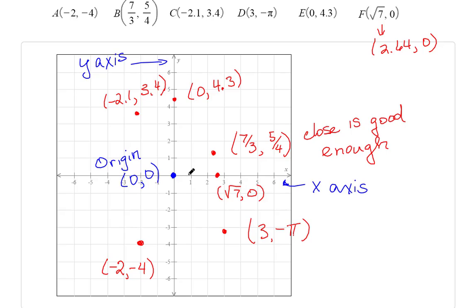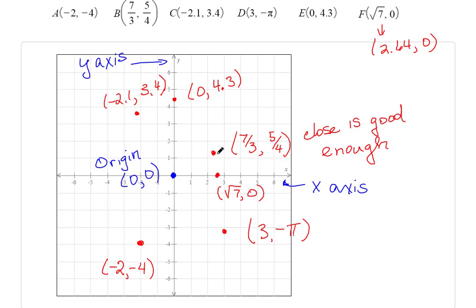So 1, 2, and a little bit. 5/4 is 1 1/4, so here's 1 and a little bit up, and so this is 7/3 and 5/4. Now, in Connect Math, close is good enough, so as long as you're reasonably close, it should accept the answer.